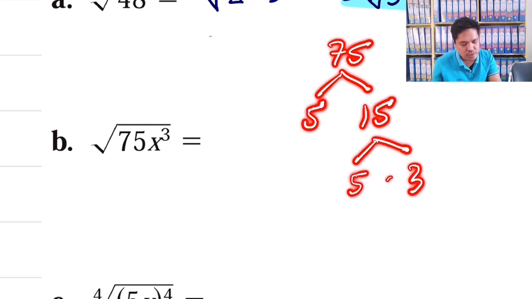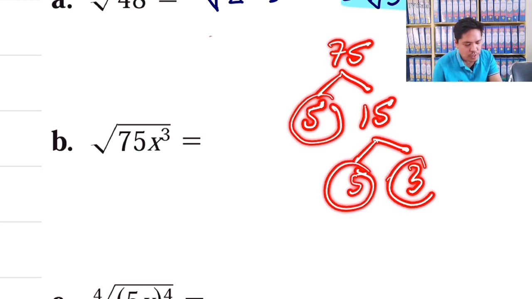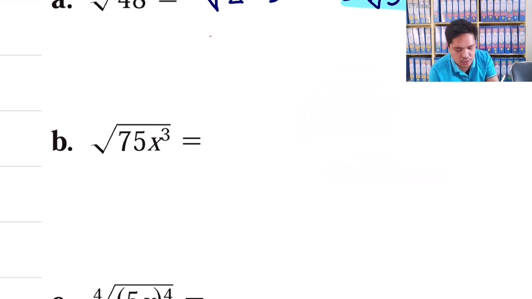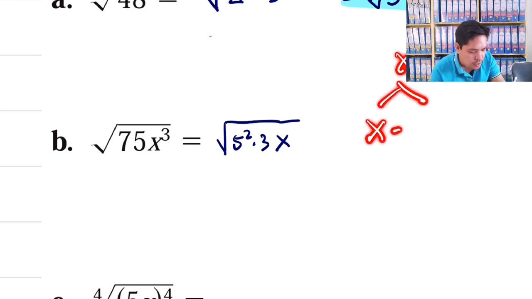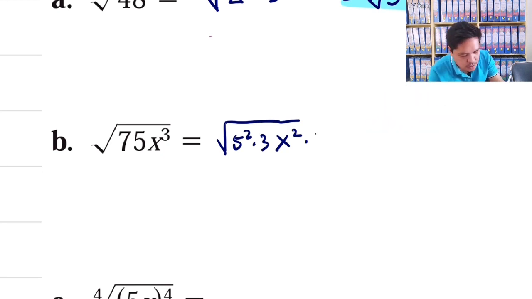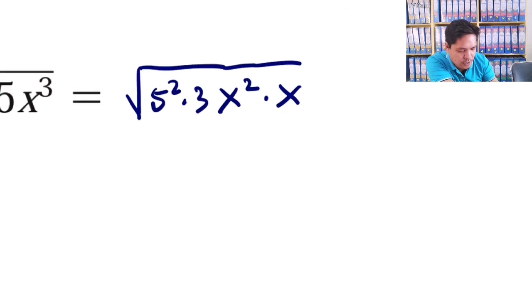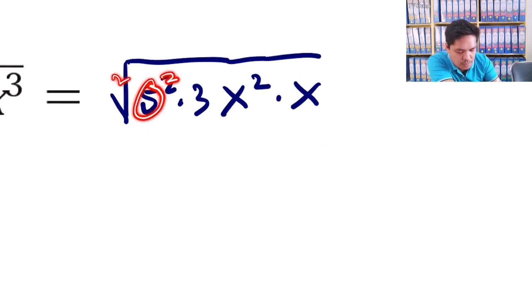So the factors of 75 are 5 times 5 times 3. So that would be 5 squared times 3 times x squared. How about x squared? X squared is x times x, so I could rewrite this as x squared times x. Remember, the index is even, so absolute value of this.